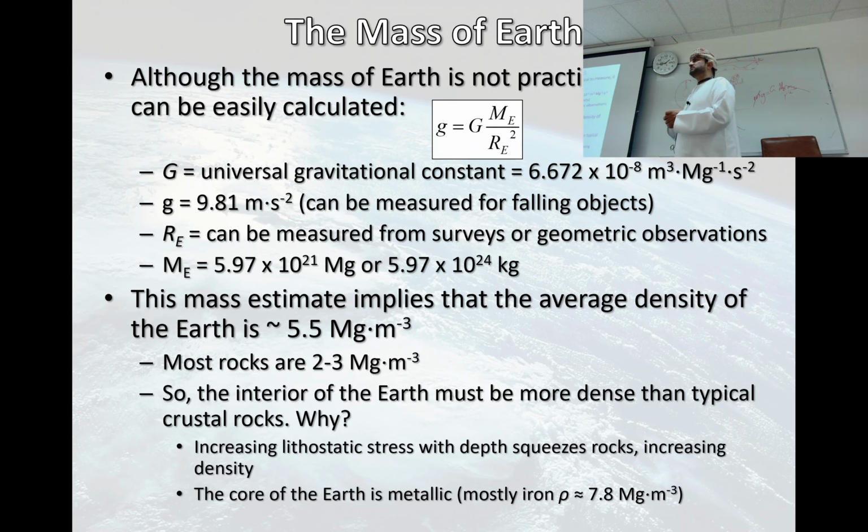Yes, it's possible based on this equation. We already know G from laboratory experiments. You already know the value of little g, which can be found by dropping objects and timing how long it takes the object to fall to the ground. That can easily be known.